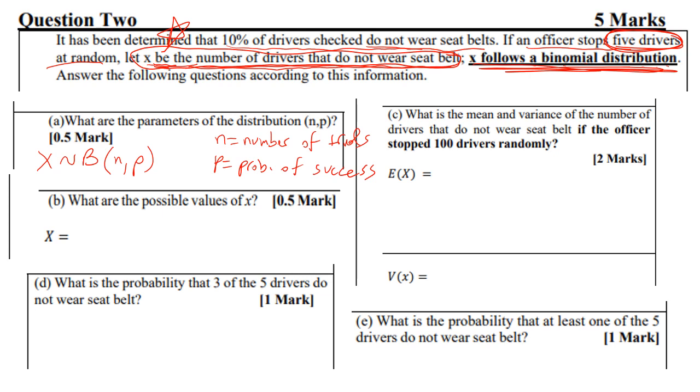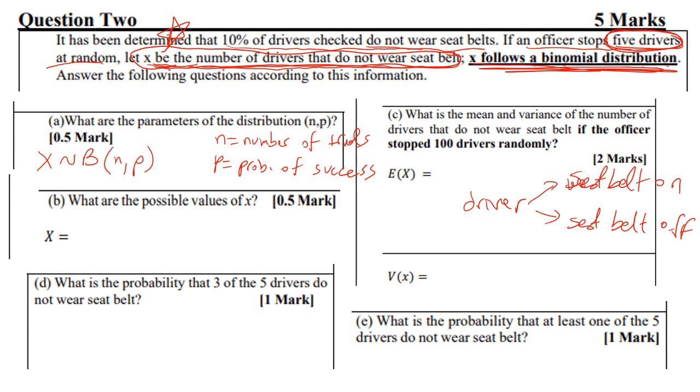When you stop a driver, there are two possibilities: he is wearing the seat belt, seat belt on, or seat belt off, meaning he didn't wear a seat belt. So what's the probability?